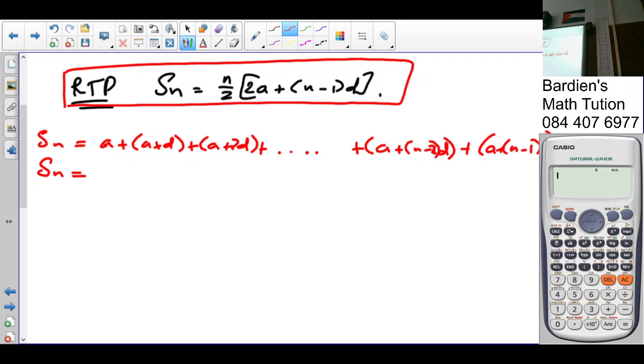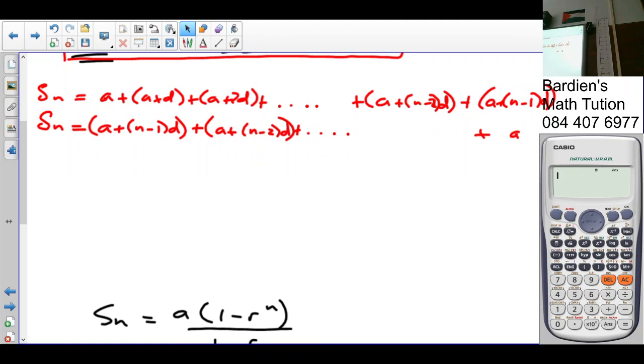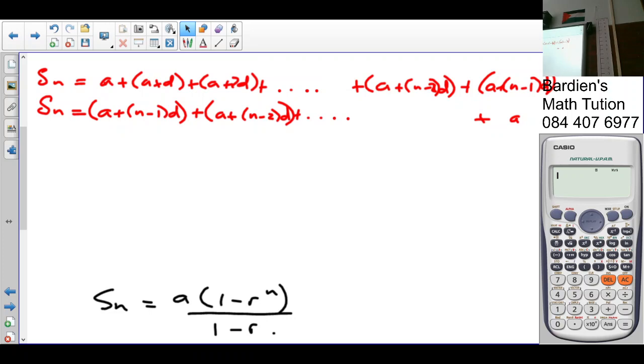If the last term is first, it's a plus (n minus 1)d. The second last term is second, so a plus (n minus 2)d, and so on, the last term being a, the second last term being a plus d, a plus 2d, and so on.